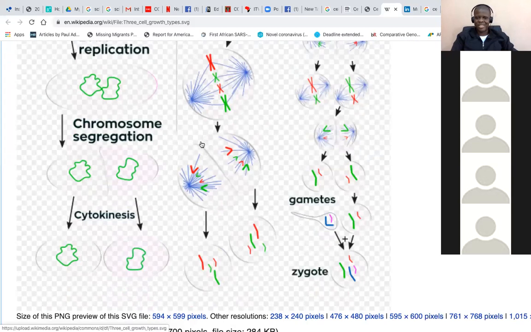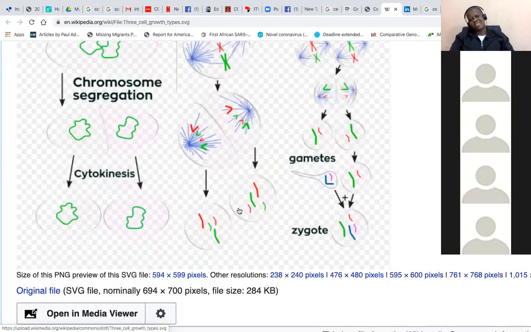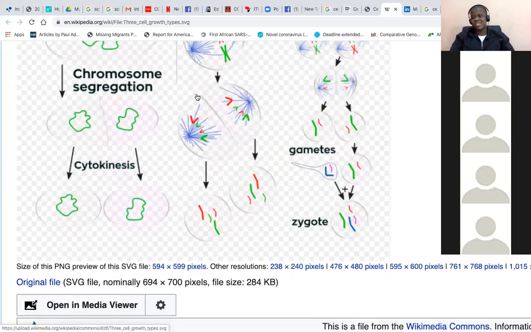Initially, they will first align at the equator, which is the metaphase stage. Then, once they are aligned, they will be pulled to the different sides by the spindle fibers. When they have been pulled to different sides of the parent cell by the spindle fibers, the parent cell is now ready to divide into two.